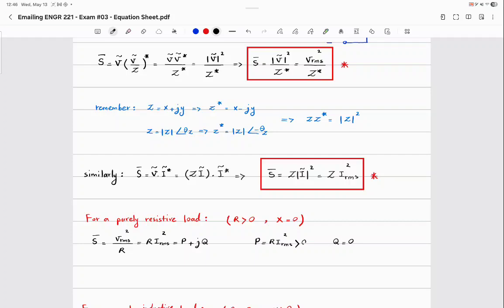Positive always, right? What does it mean? It means that resistors always absorb average power or real power, right? Resistors absorb average or real power.